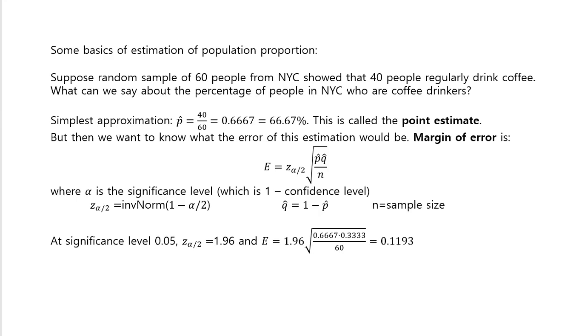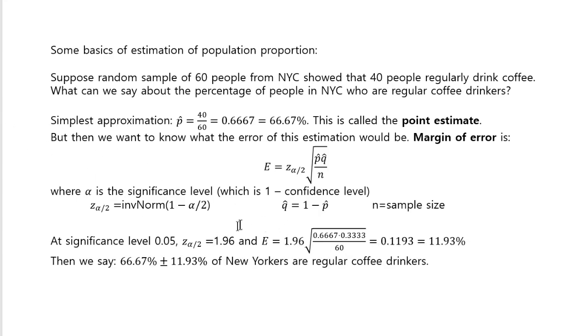Okay, and that's what companies do when they do polls. They spend a lot of money trying to get better quality samples and more samples. But anyways, this is pretty much it. So when you write your answer, you have to say that 66.67% plus or minus 11.93% of New Yorkers are regular coffee drinkers.